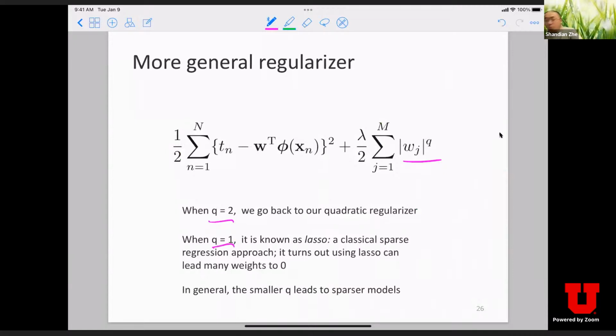When Q equals 1, it is just a summation of the absolute value of each weight element. This regularizer is called Lasso, or L1 regularizer. It is known to encourage sparse estimation of the weights, meaning it will encourage many elements of W to be 0.